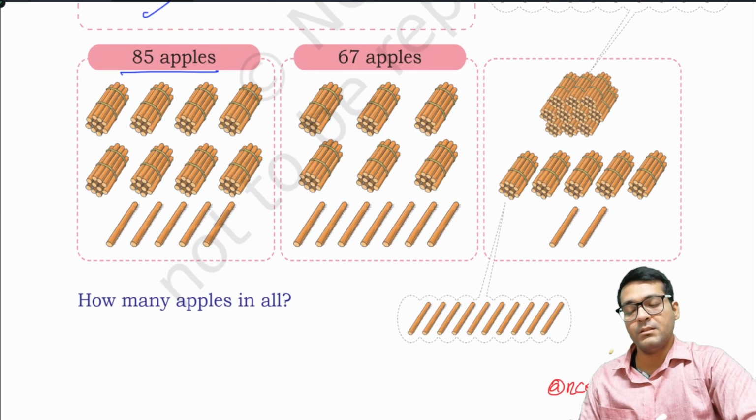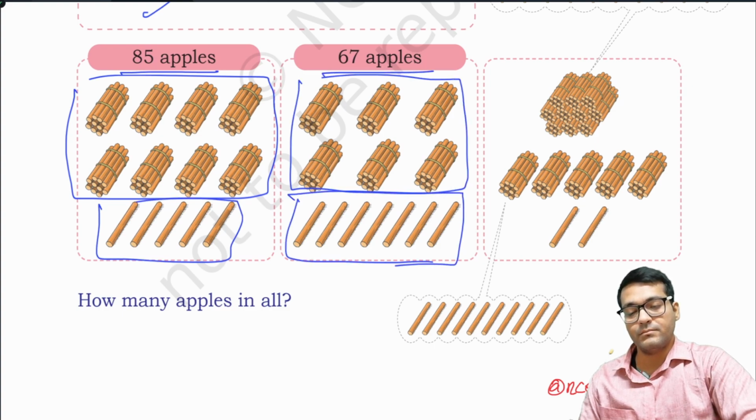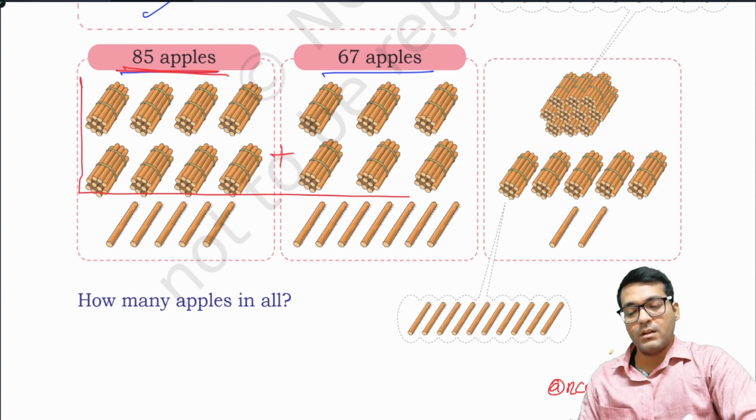For 85 apples, 8 bundles and 5 sticks. For 67 apples, 6 bundles and 7 sticks. Let's add them. 8 and 6 tens become 140. That is 8 and 6, 14, 140 sticks.